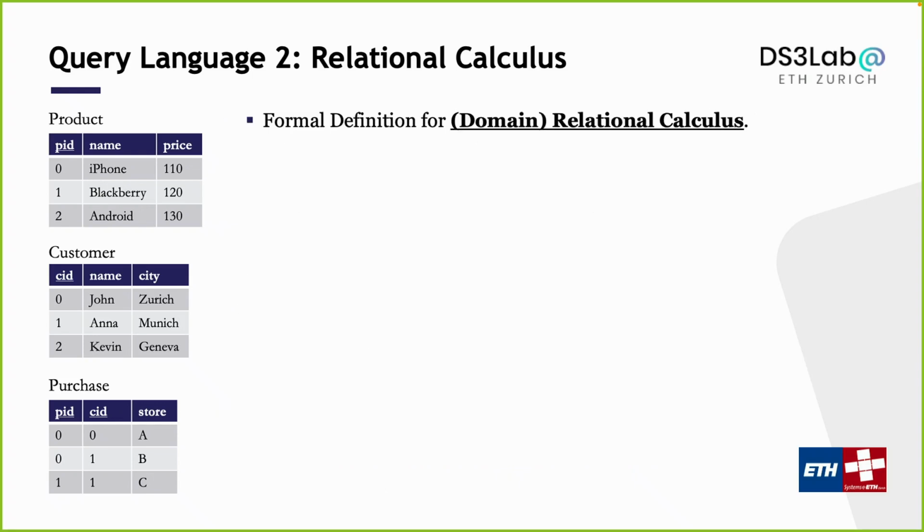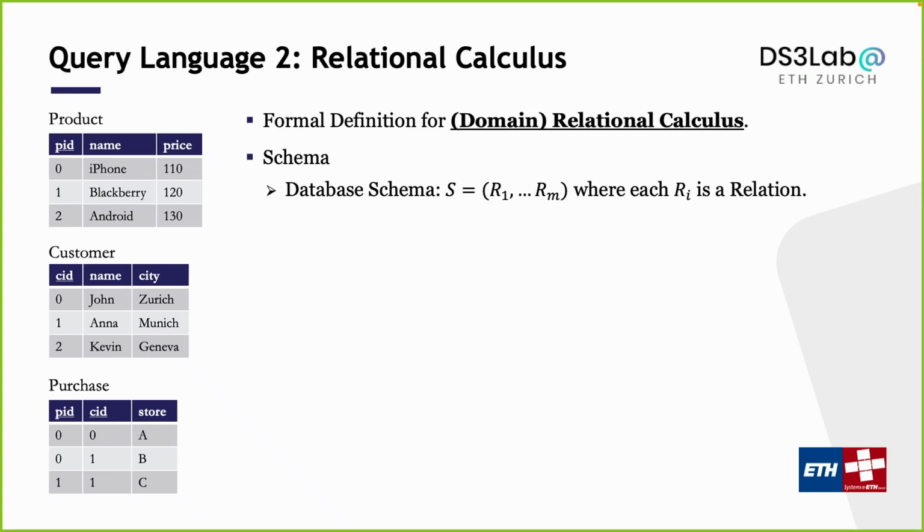We can go a little bit more formal to define domain relational calculus. Again, the schema of the database contains the schema of a whole bunch of relations. Here, each Ri is a relation. The relation schema for each Ri contains a name, R, and a whole bunch of attributes.